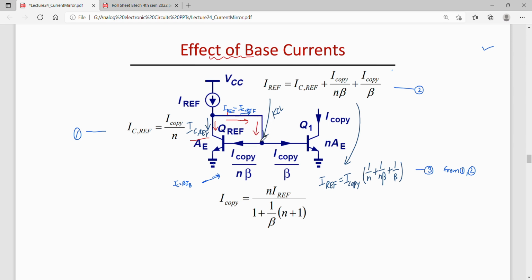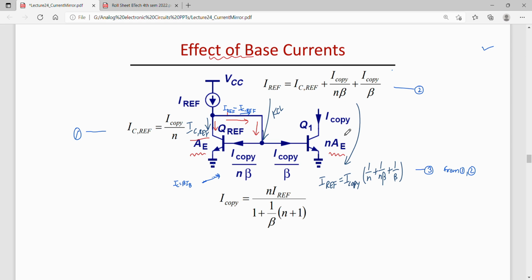Okay. So this current is coming here also, Iref minus IC ref. Now the emitter area of Qref is AE and the emitter area of Q1, that is this transistor, is N times AE. Okay.